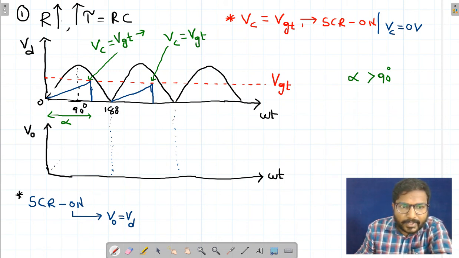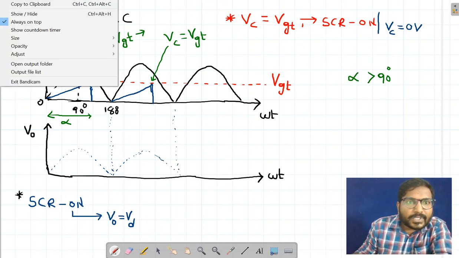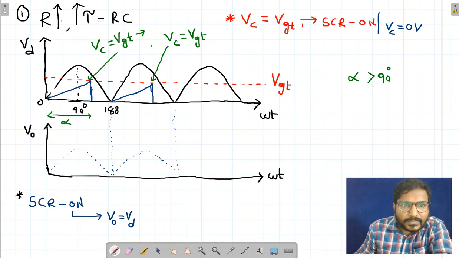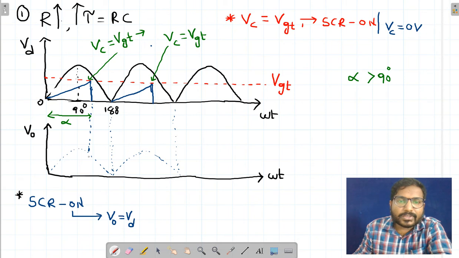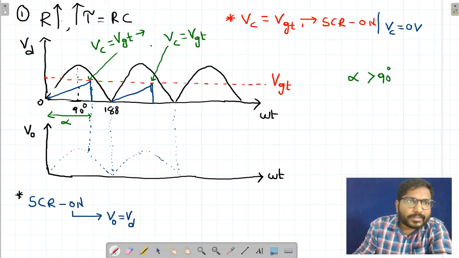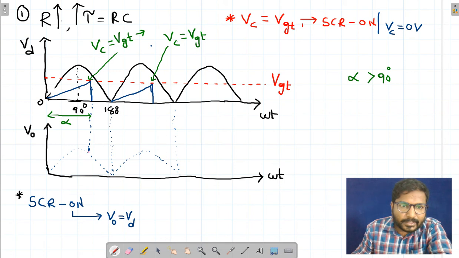Draw the dotted lines of Vd. At this instant the SCR is triggered, so from there whatever voltage Vd is available as input to the load simply appears across the load. This part of the voltage appears across the load.